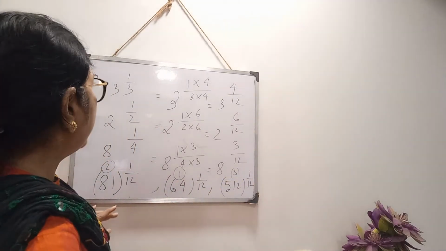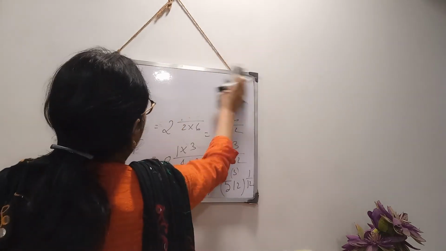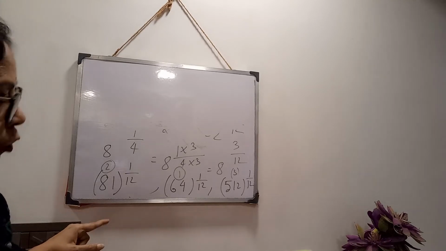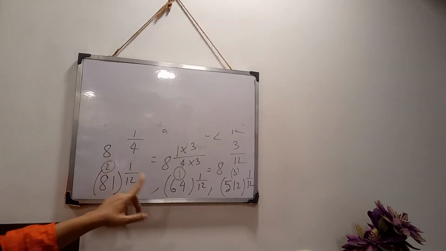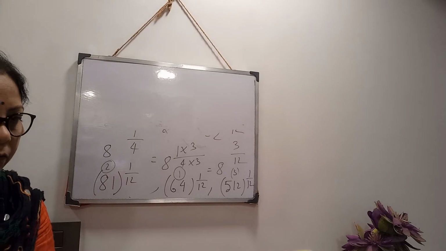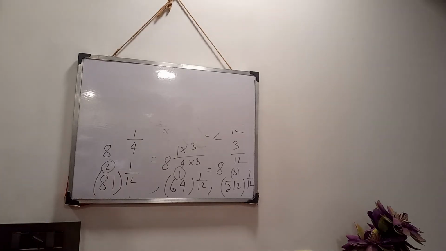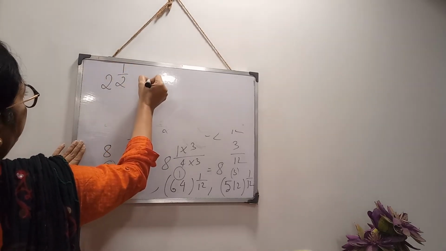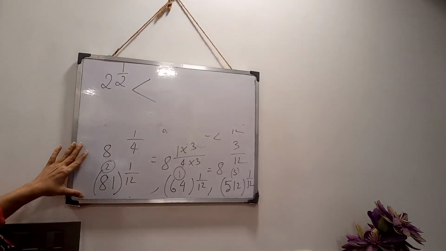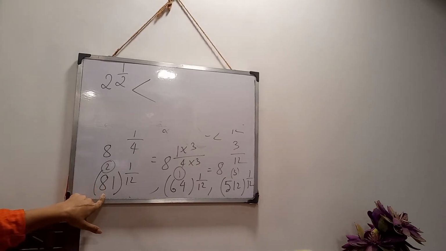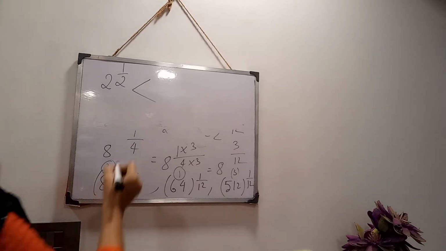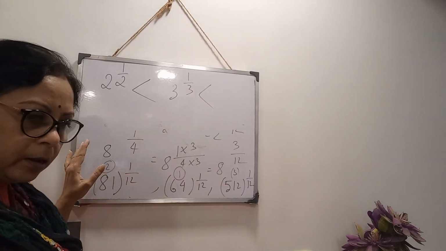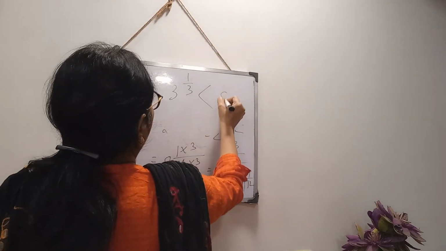So this is the smallest number, this is first position, then this, then this. So what will be my answer? Required ascending order will be, don't write down 81 to the power this, write the corresponding number. 64 means 2 to the power 1 by 2, less than 3 to the power 1 by 3, and then another number is 8 to the power 1 by 4.